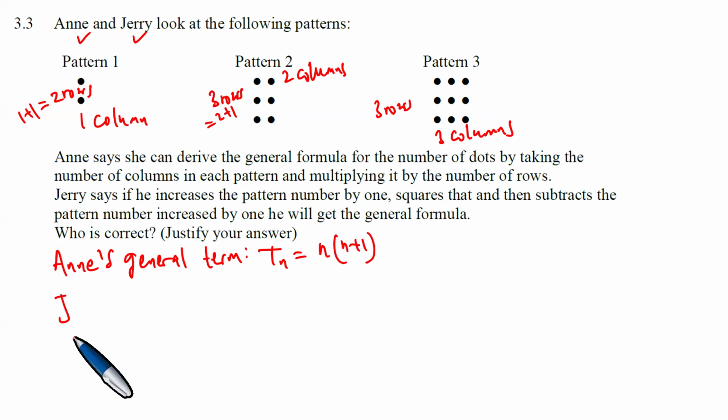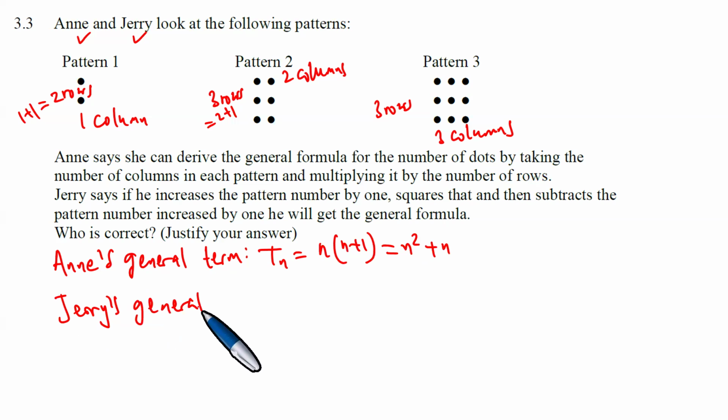You can also write it as n times n plus 1, which is n squared plus n. Okay, let's look at Jerry's general term. Jerry says that if he increases the pattern number by 1, squares that, and then subtracts the pattern number increased by 1, you'll get the general formula.